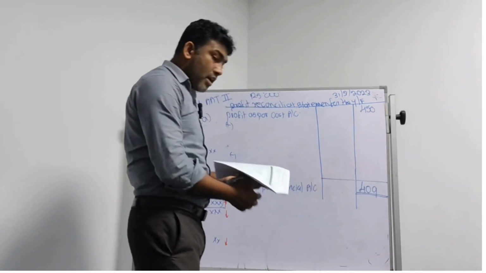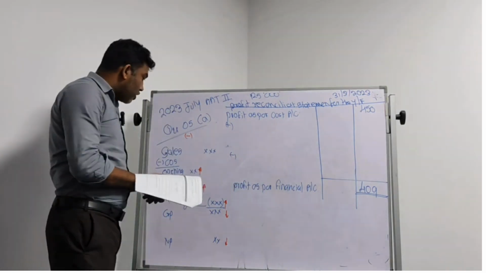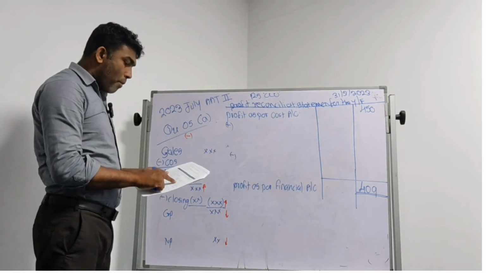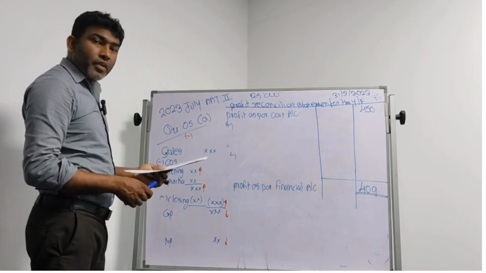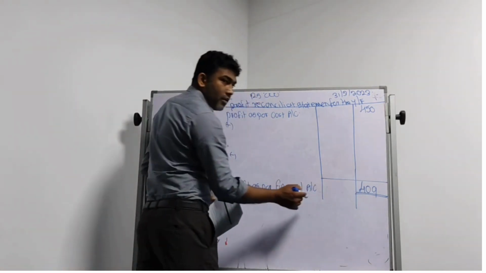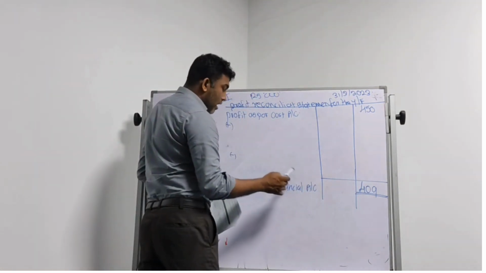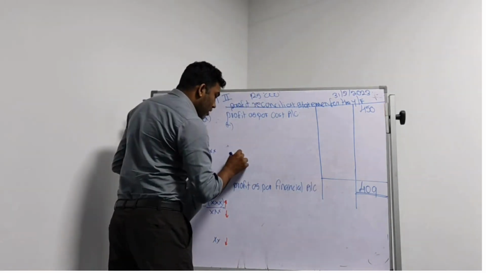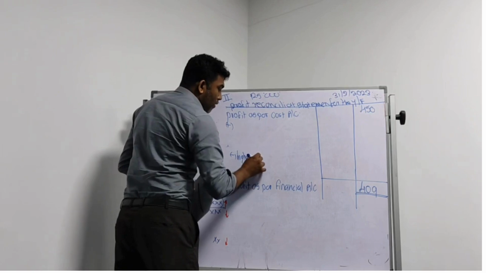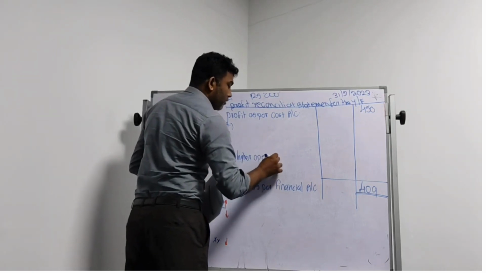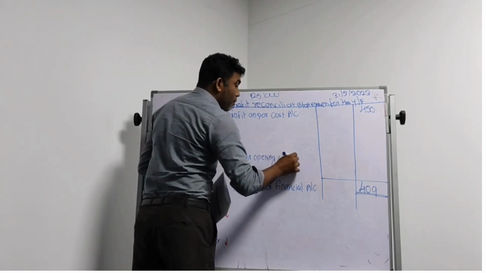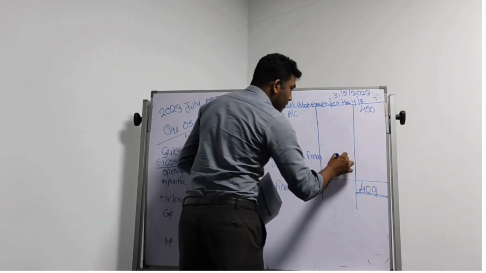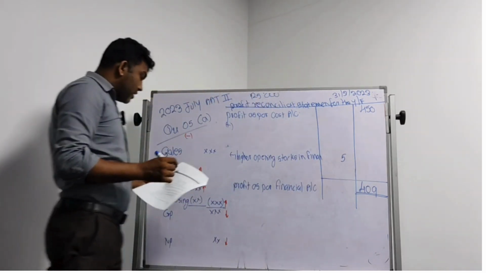So the higher opening stock is with which accounting? Financial accounting. Their profits are low, so you must deduct here. Higher opening stocks in financial accounting. The value is 5,000.